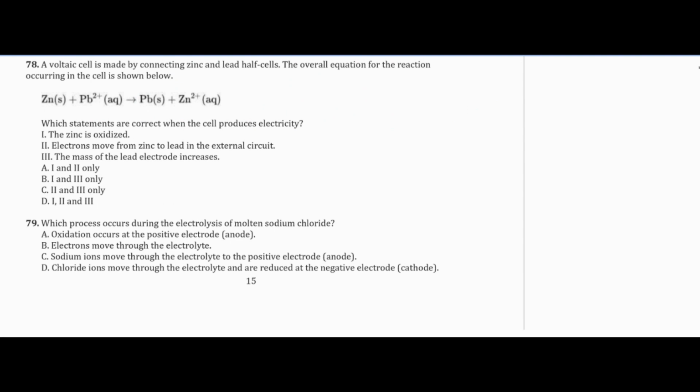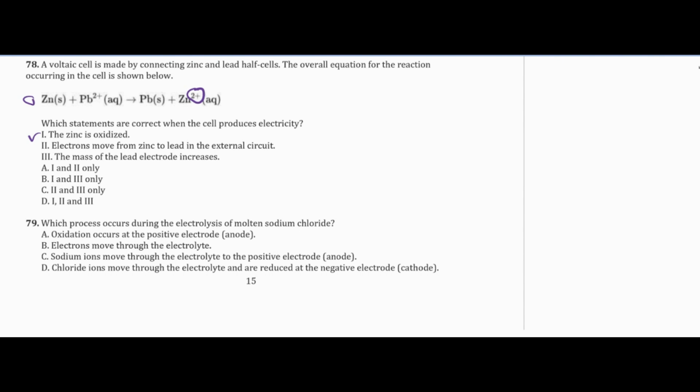78. We need to select the correct statements. Okay. Looking at the equation for the reaction, the zinc is oxidized. It goes from an oxidation state of 0 as an element to one of 2+. So the zinc is oxidized. Electrons move from the zinc to the lead.